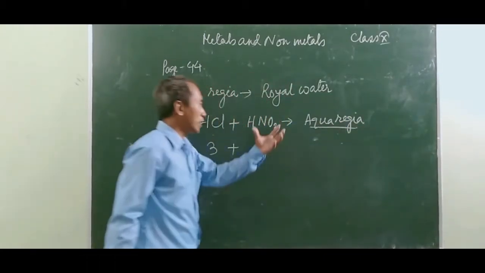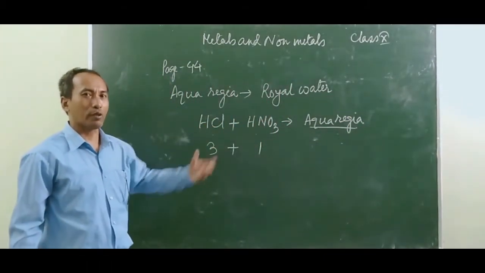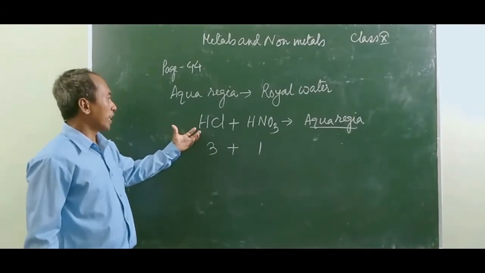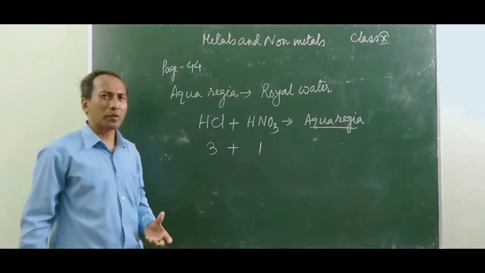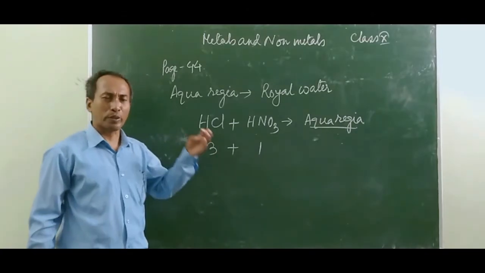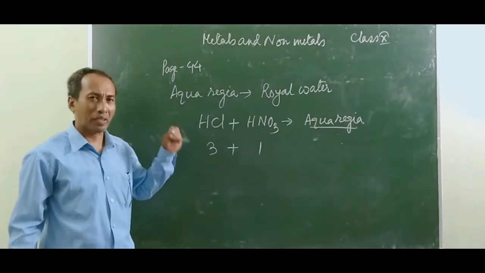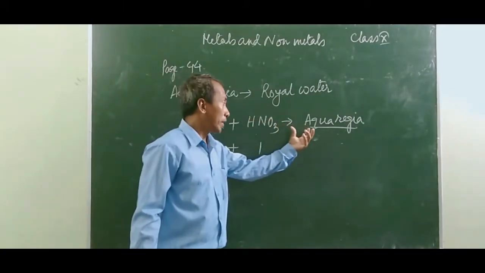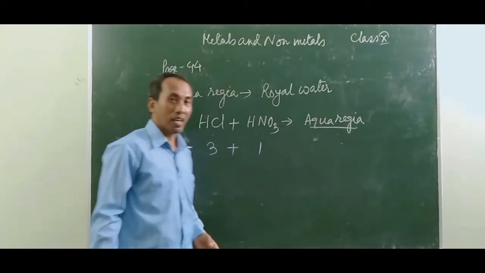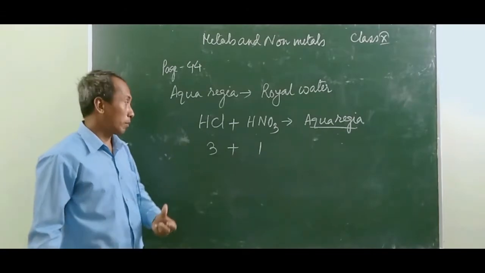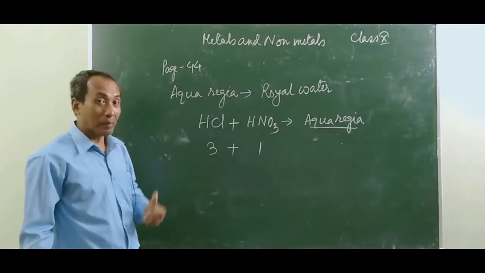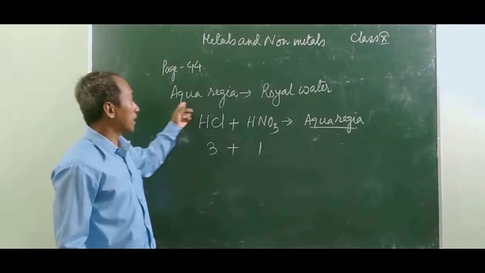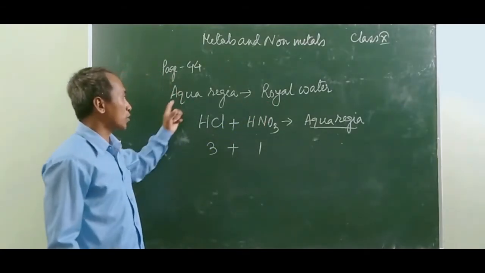This is a very strong acid. You know that gold does not react with water, oxygen, or acid. But when you dip gold in Aqua Regia, the gold will get dissolved. So a question may come like this. In your book there is mention of Aqua Regia as royal water.